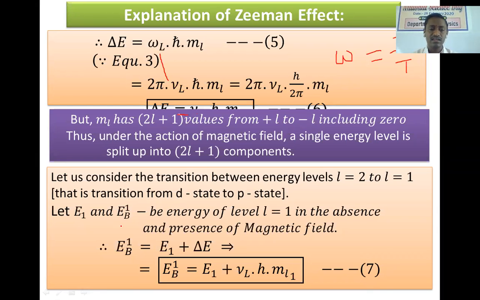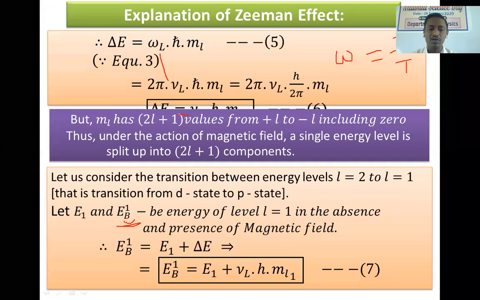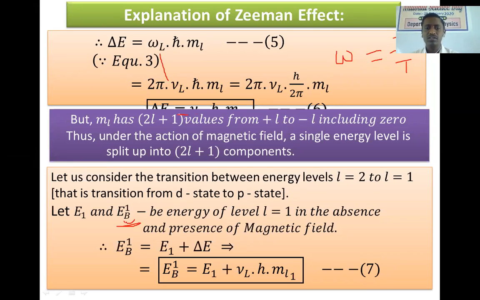Here see the name as EB1. E1 is the energy of the first level, and B refers to the energy in presence of the magnetic field. So up to equation 6 we have calculated the interaction energy achieved by energy levels in presence of the magnetic field.